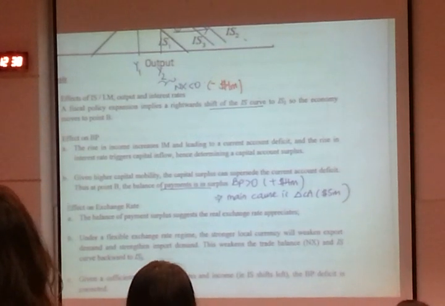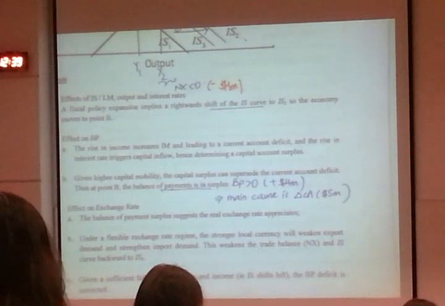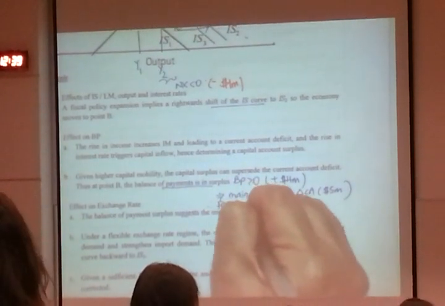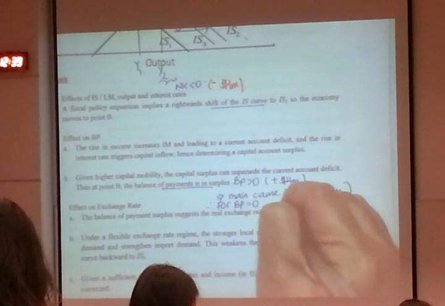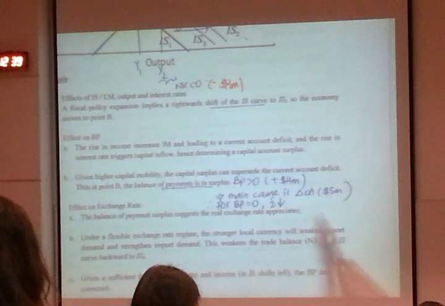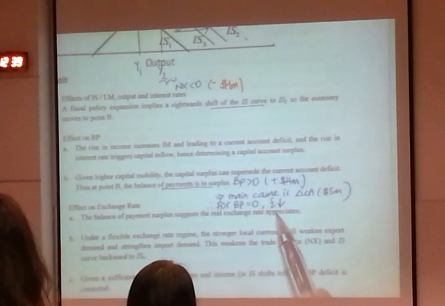Alright, it was a 5 minus 1. So the domineering force, or the main cause, is capital account. So therefore, I tell myself for BP to go back to 0, I know interest rate must drop. Okay, I have a surplus of 4 million. I must chase it away by letting interest rate drop.